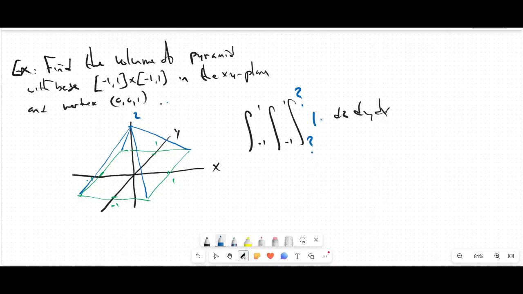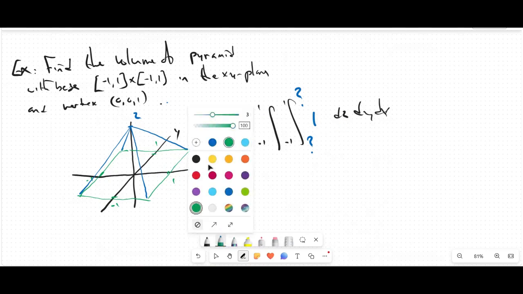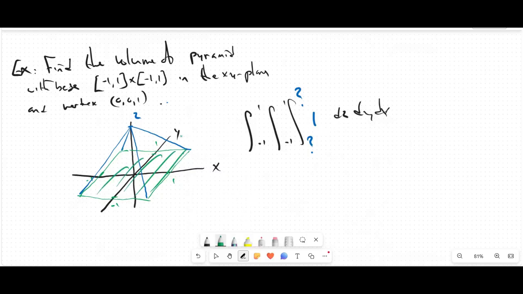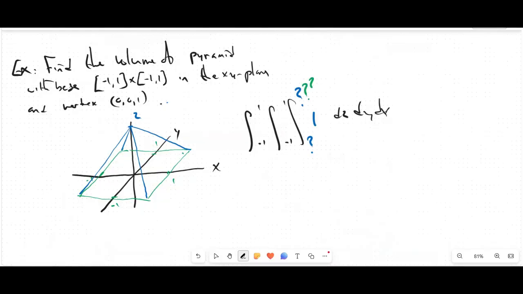So we do want to integrate the function 1, right? To find the volume, we just let the density be 1 everywhere and integrate. But if we set up this integral this way, well, the lower bound for z is clear. The lower bound would be 0. But the upper bound is the top of the pyramid. How will you express the top of that pyramid?